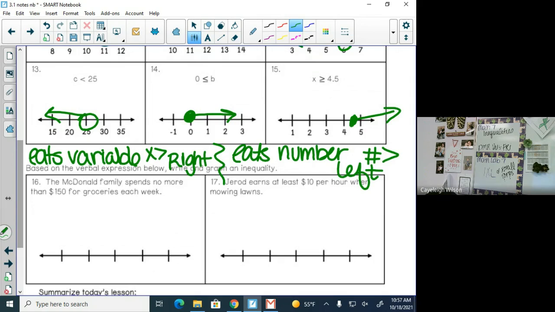So if it eats the X or the Y or the M or the B, whatever variable it is, you'll always shade it to the right, because that means it's wanting something more than the number that they give you. But if it eats the number, they're saying that number was the most I could handle, so I need things that are less than that. So that's why it goes to the left.